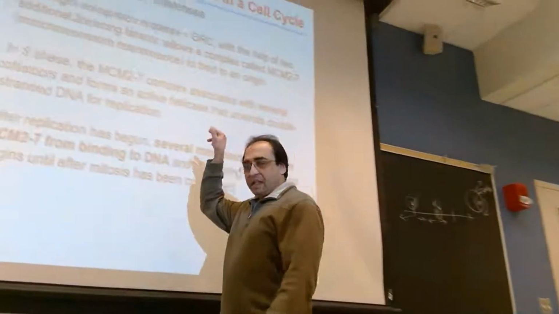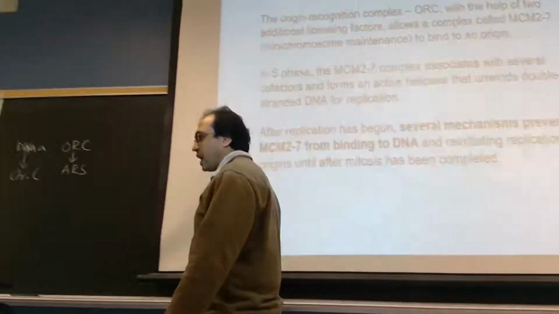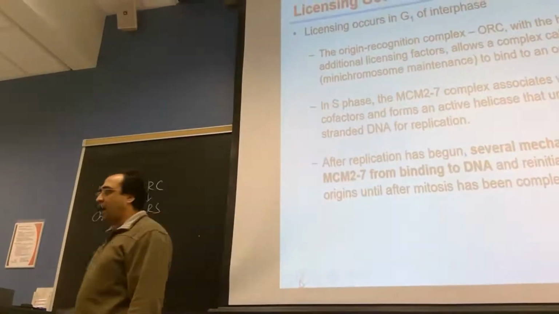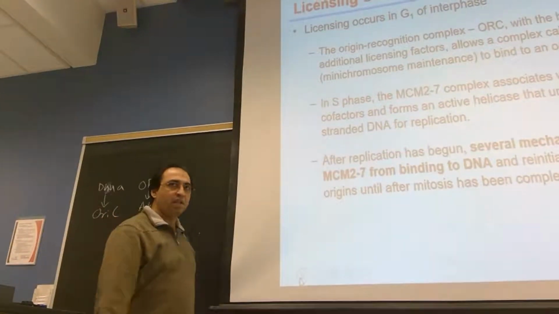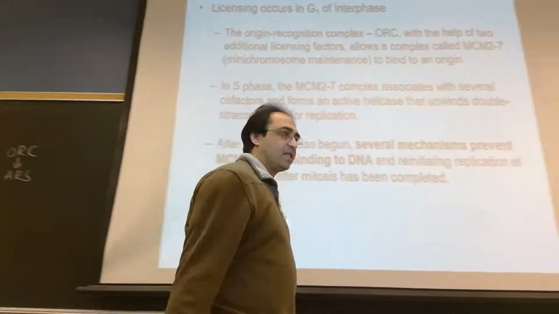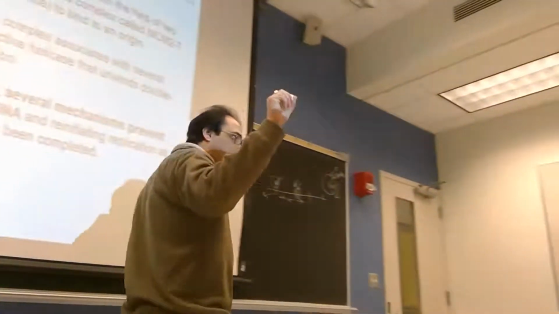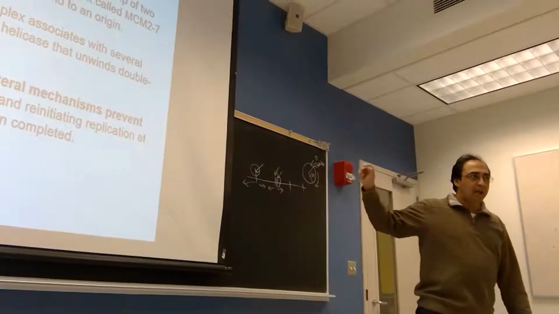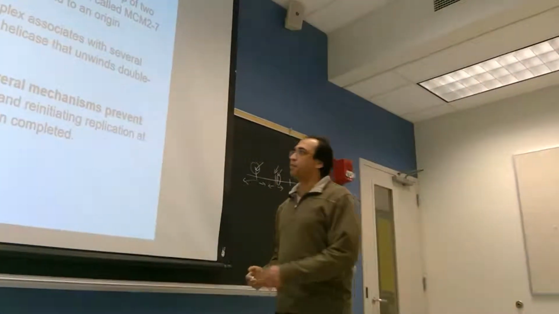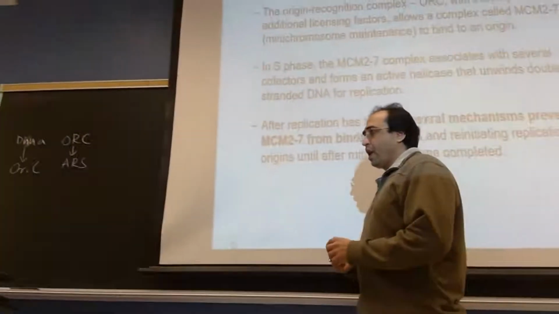So all this origin recognition complex binding and licensing of the origin is done in G1 phase. After passing the G1 checkpoint, the licensing starts. These are the parts of the DNA which need to be licensed, and the replication starts from those origins.